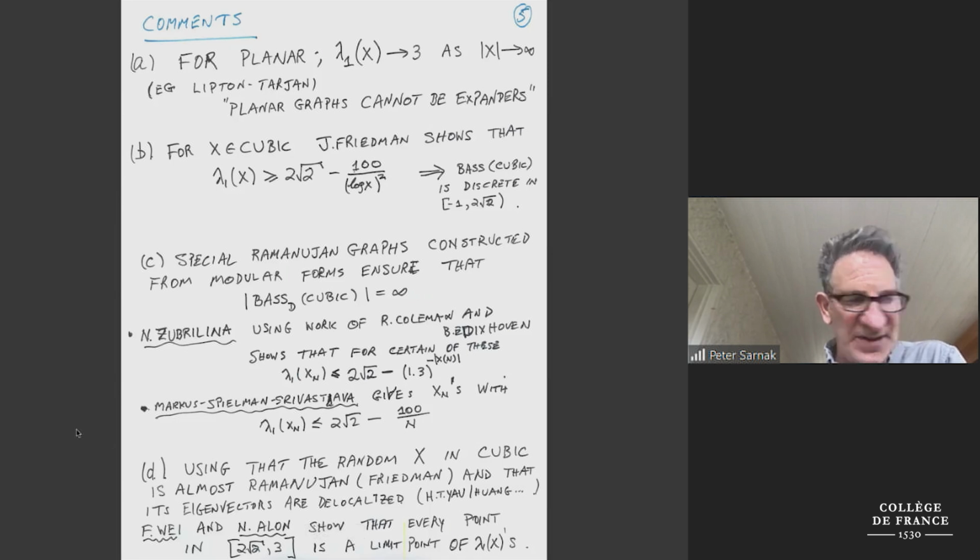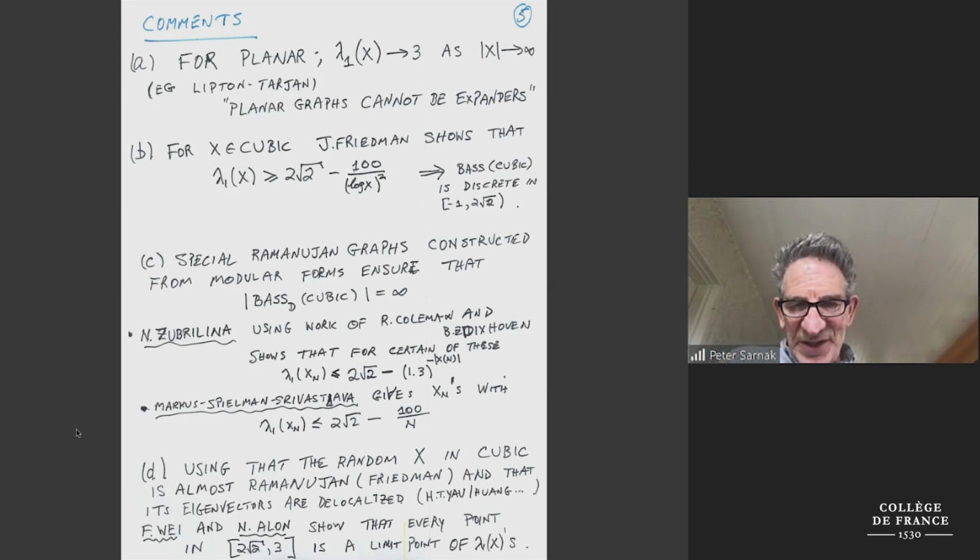As I was saying, years ago I certainly believed that the only way you'll ever make Ramanujan graphs is using number theory.